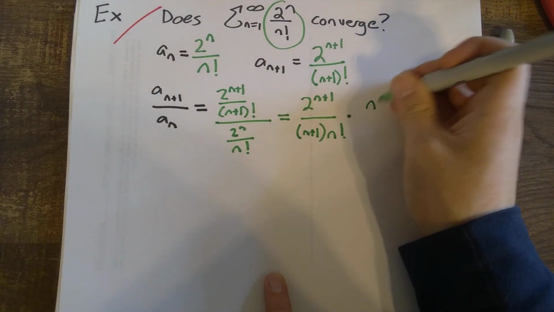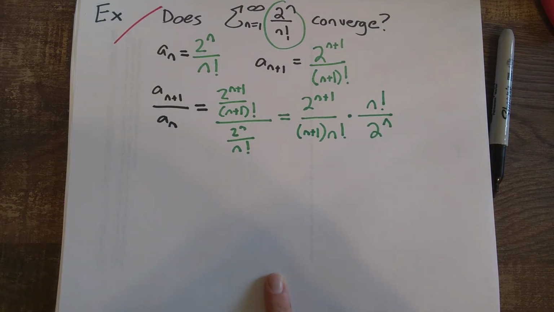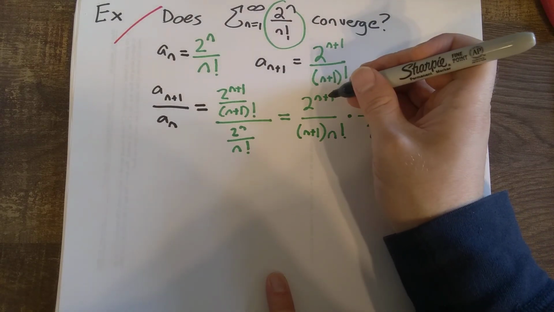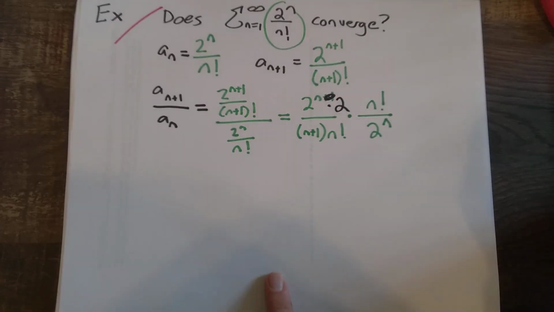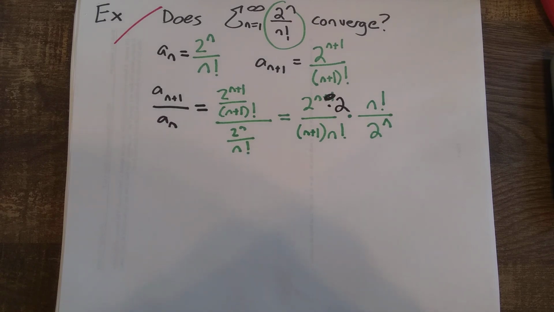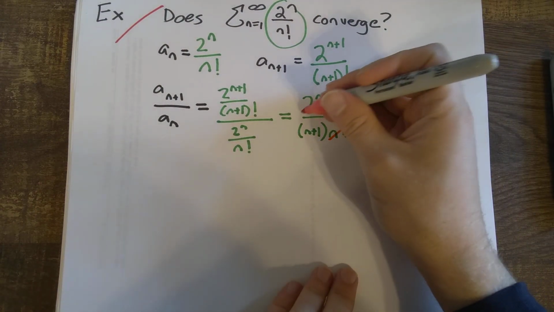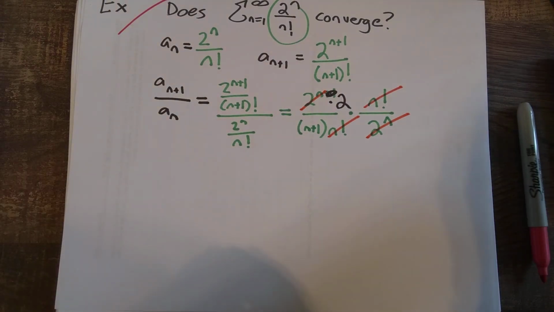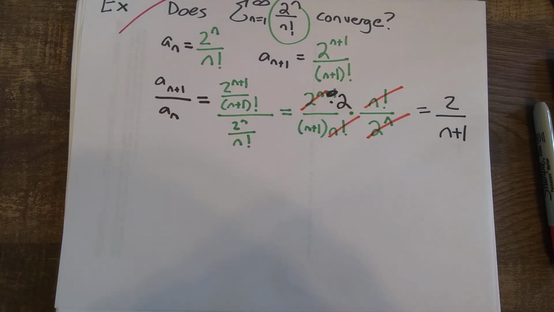This flips upstairs, so n factorial goes upstairs and 2 to the n goes downstairs. One more cosmetic change: 2 to the n plus 1 is 2 to the n times 2, so we peel off a factor of 2. Let's see what cancels. Those n factorials cancel, and those 2 to the n's cancel. We're left with 2 divided by n plus 1.